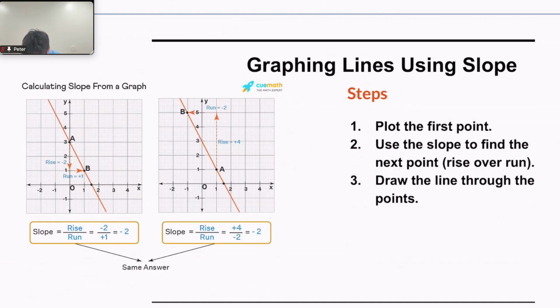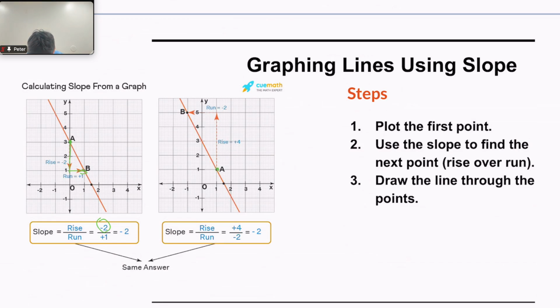It will give you the rise over run, for example -2, 1. So you move from point A down 2, because the rise is -2, so you move down, and then you move +1. Run is the horizontal move, so you move 1 to the right.